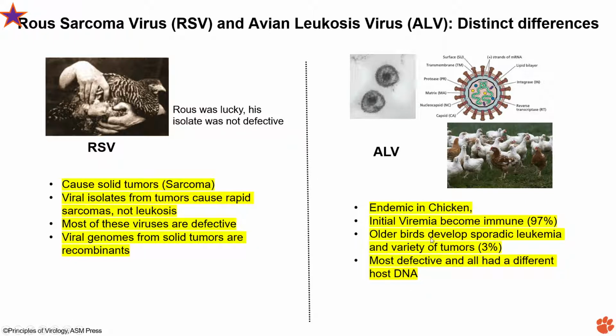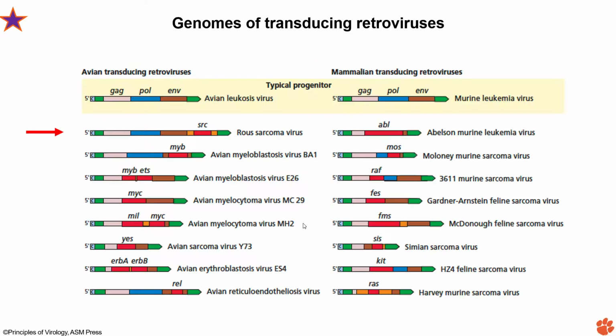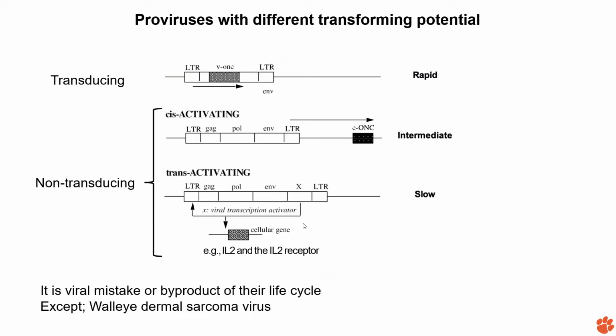Both of them can transform cells. Remember that both of them are retroviruses, cancer causing, so both of them transform cells. So these are not the major differences as such, but the way I said it, the V-SRC is inserted in every RSV genome, whereas it is not in the case of the ALV. All right, so that's all good.